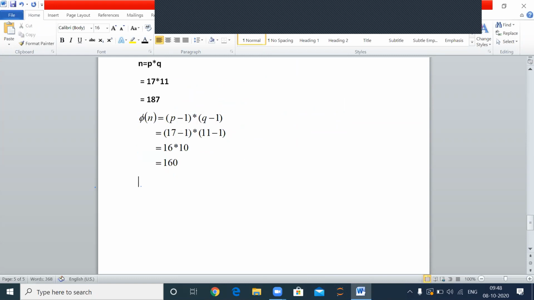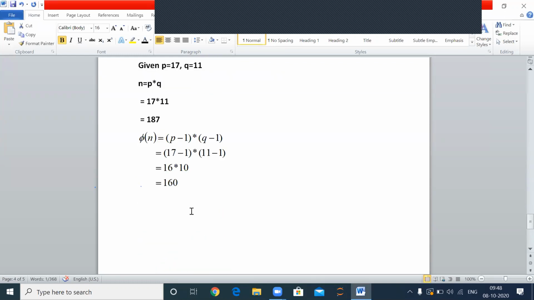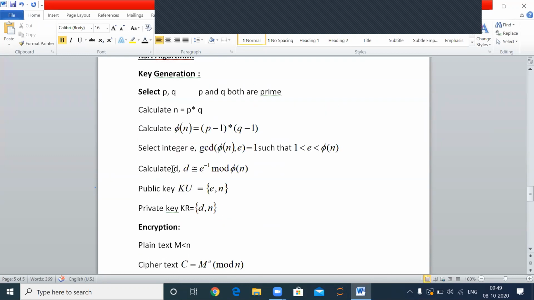Next, we have to choose e, an integer. That's already in the problem. It is given as 7. We check that GCD of 160 comma 7 is equal to 1. And we have to calculate D. How to calculate D?